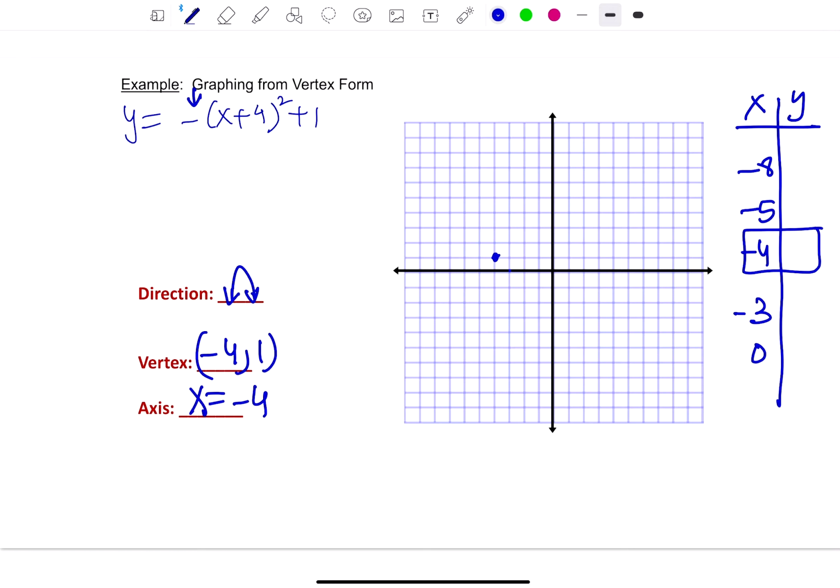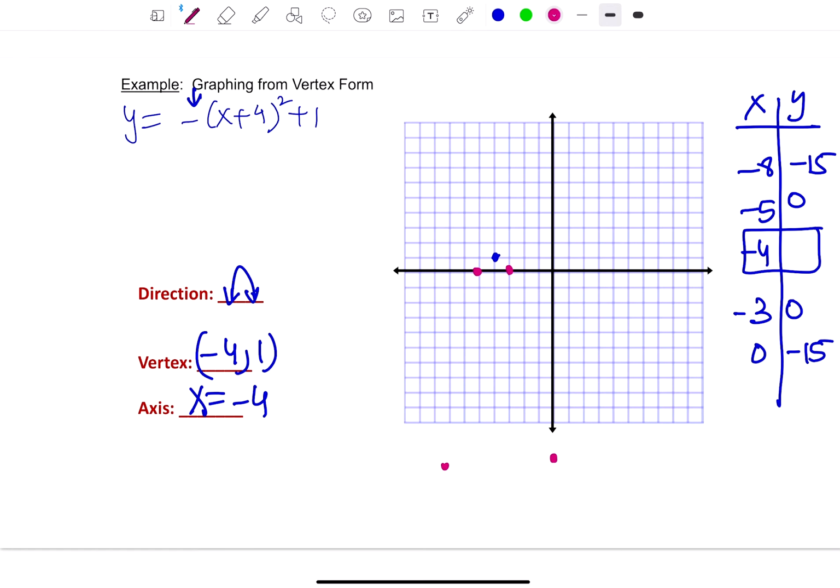So when x is 0, plug x as 0, y will be negative 16 plus 1, which is negative 15. And when x is negative 3, plus 4 is 1 squared, y will be 0. So here are other points for this graph, and I'm just going to mark all the way over here somewhere.